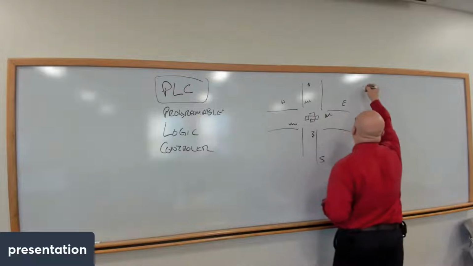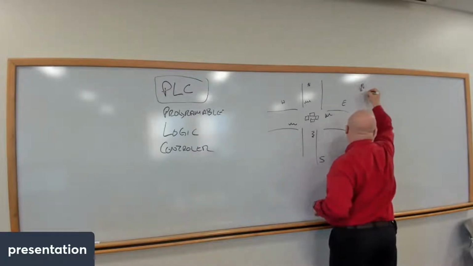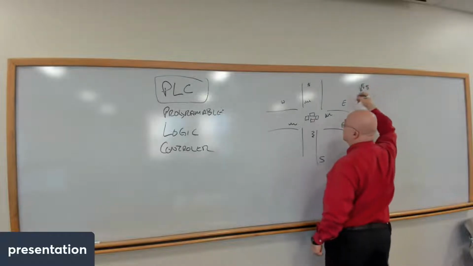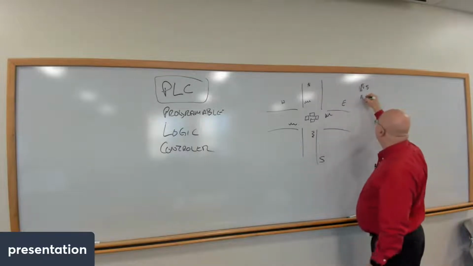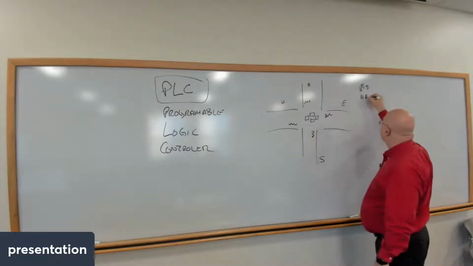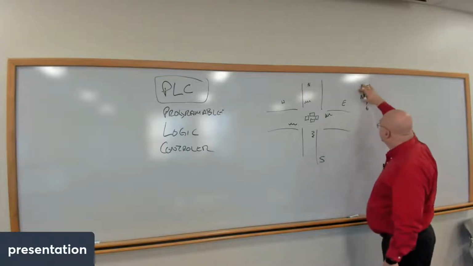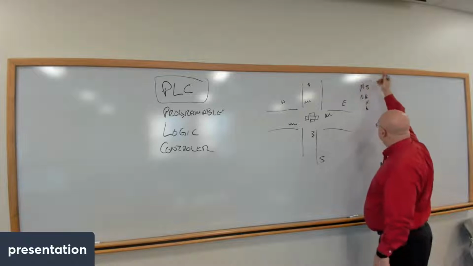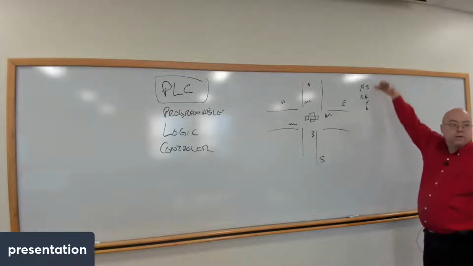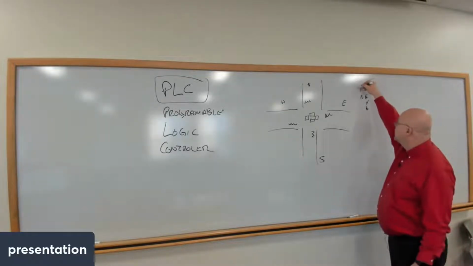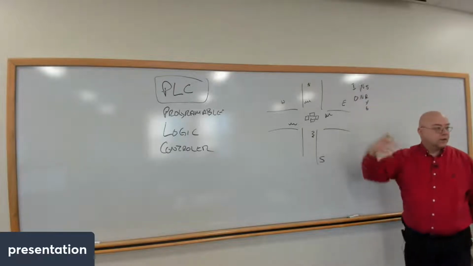So we've got the north sensor, and so this would be like the north facing light, and north, red, yellow, green, and then you could do this for all of the things, right? So this is an input, and this is an output, right? So we're going to tell it to turn on the light.